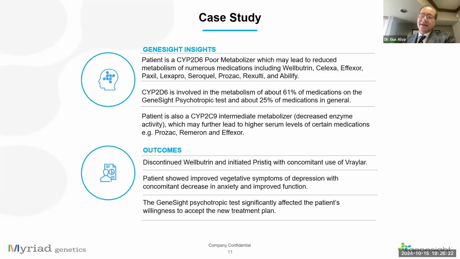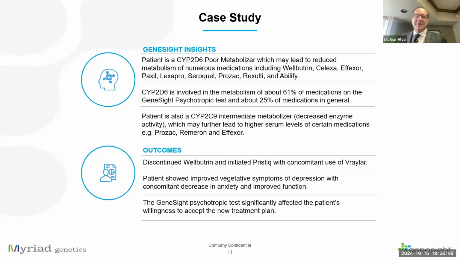And interestingly enough, the intermediate metabolism at 2C9, which sometimes gets dismissed, might have further led to higher serum levels of different medicines, including that Prozac, Remeron, Effexor that he took. And so, like I said, the game plan was, hey, we've got a good rationale associated with why I'd like you to taper off the Wellbutrin. Brain doesn't like immediate jolts.